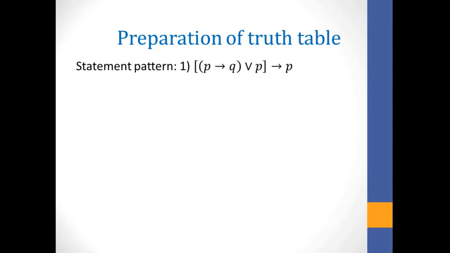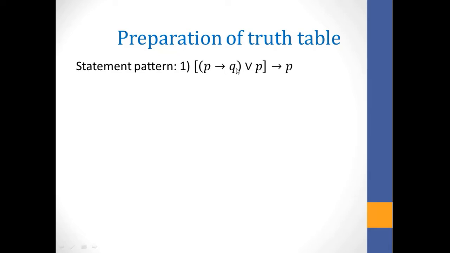Now let us see one example. The statement pattern: ((P implies Q) or P) implies P. Now in this statement pattern there are two statements P, Q and three logical connectives.